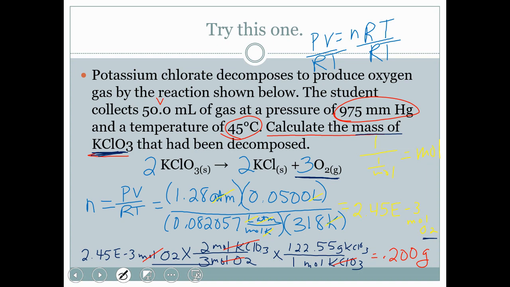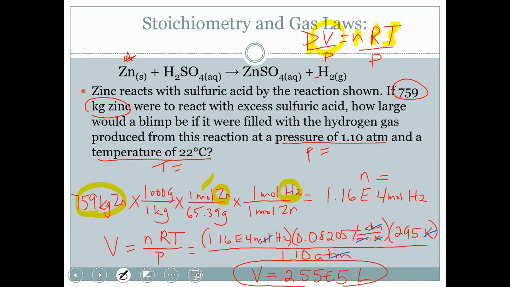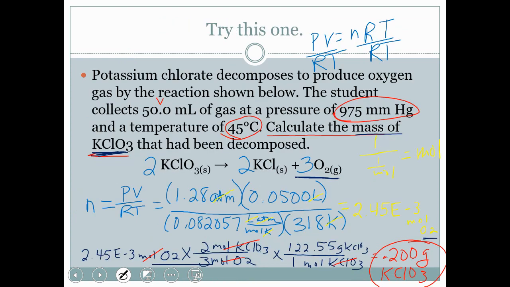I have a tendency to sometimes plug things in wrong. Nope, that's what I got. And KClO3. So we found the mass of the potassium chlorate that was needed. So as you can see, sometimes you do the stoichiometry first and then the gas law problem. Other times you might start with the gas law problem and then do a stoichiometry.